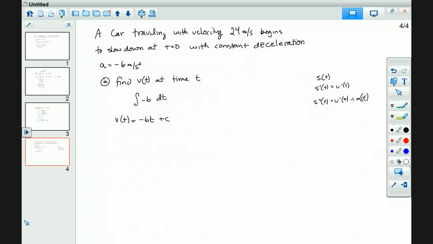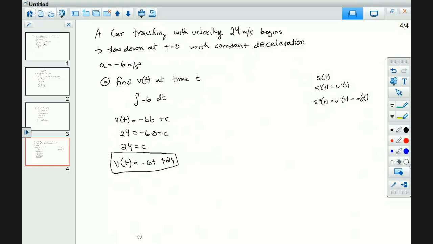You're okay there? Acceleration, velocity function is the antiderivative. So now I can plug in my initial condition to solve for c. So v of t is negative 6t plus 24. We like that.